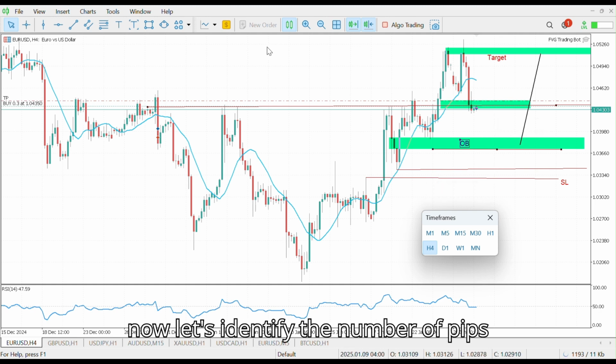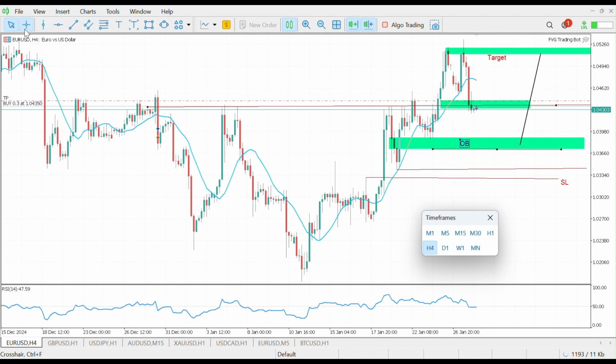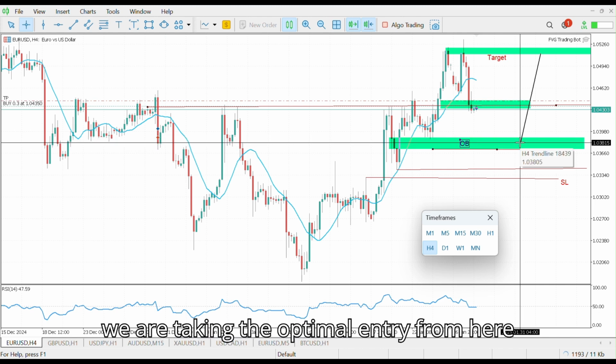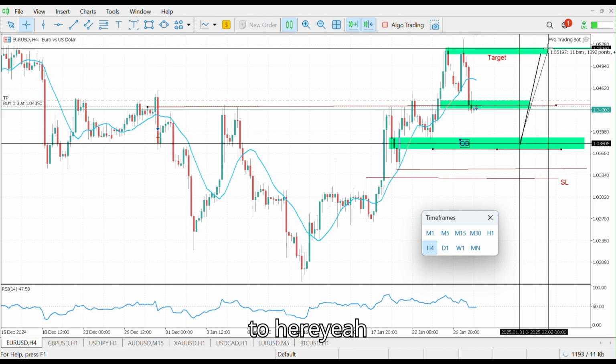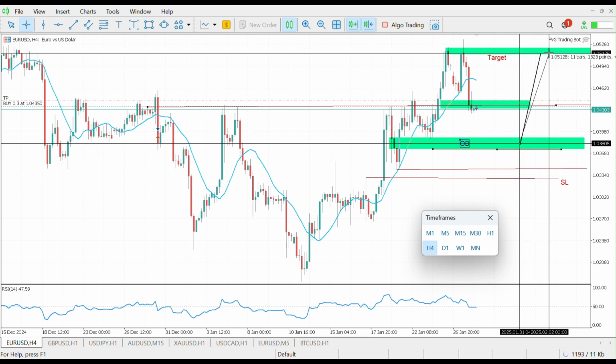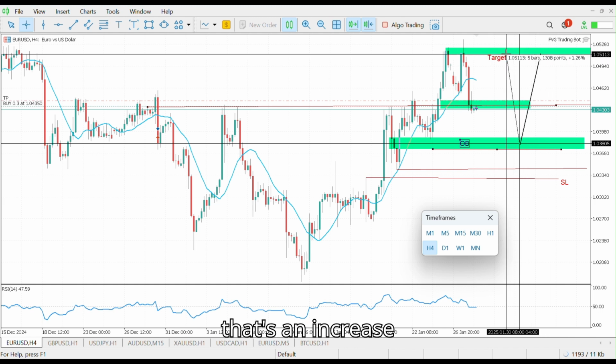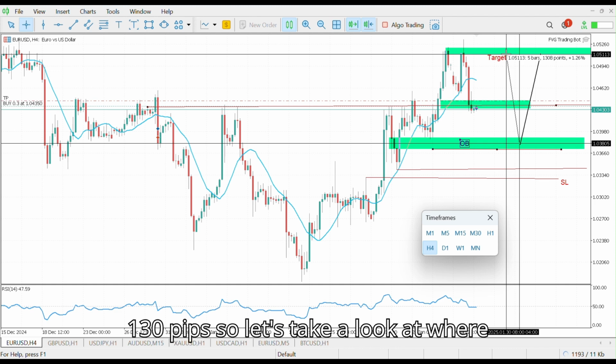So now let's identify the number of pips on the target. Let's assume we are taking the optimum entry from here to here. That's an increase of 1.26%, which is 130 pips. Imagine 130 pips.